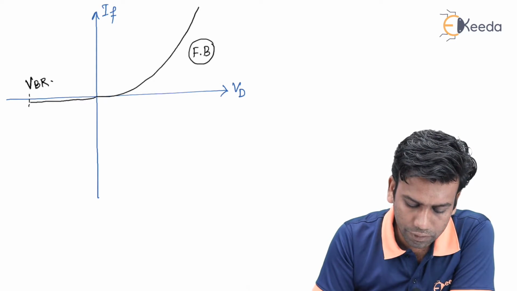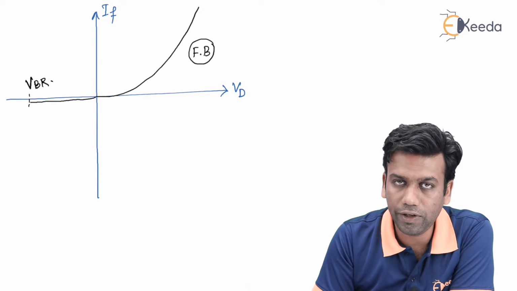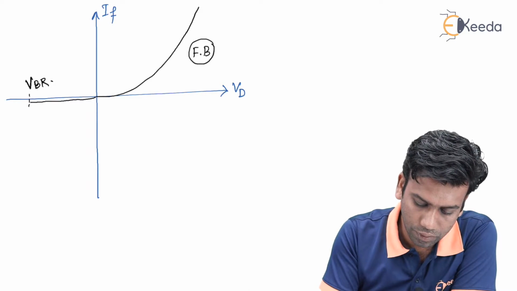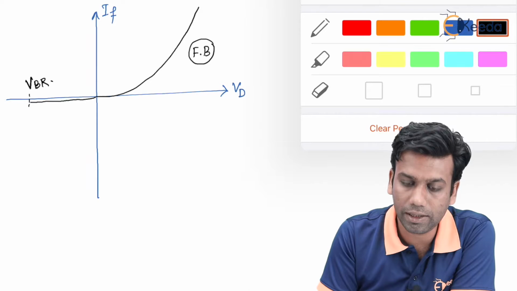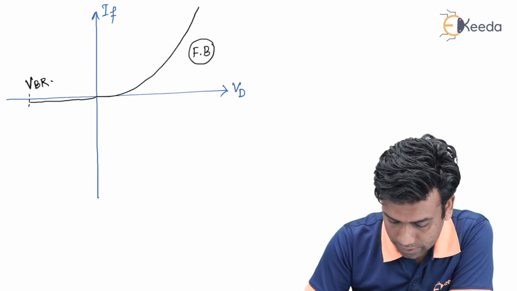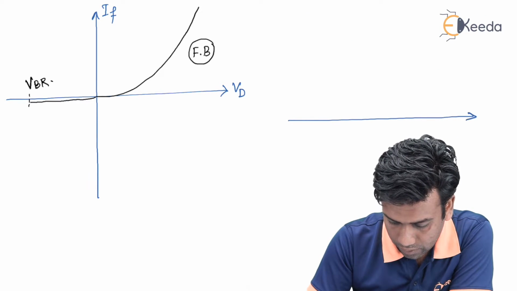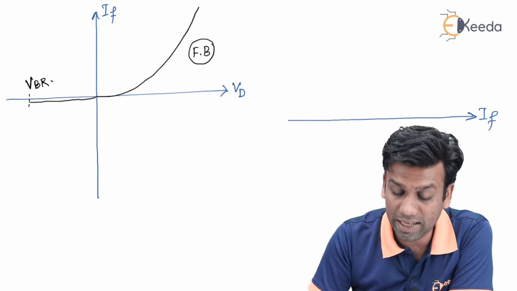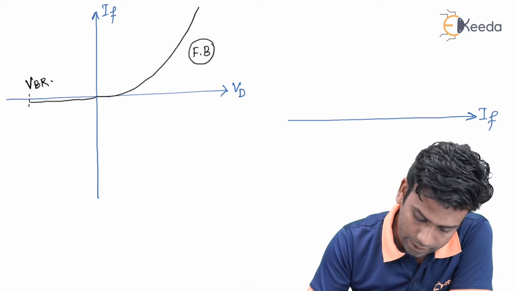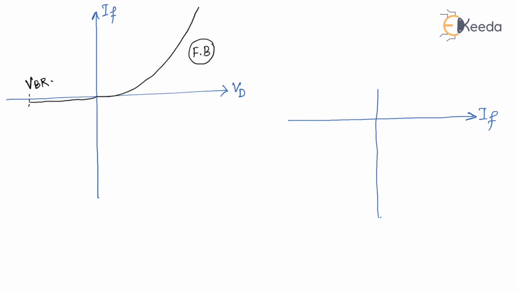Now if we want to draw the IV characteristics, it will look like this. So let us take the IF in the x axis and let us take VD in the y axis.